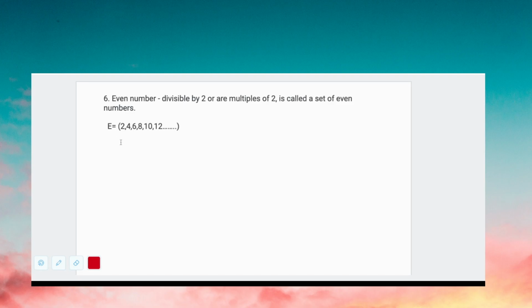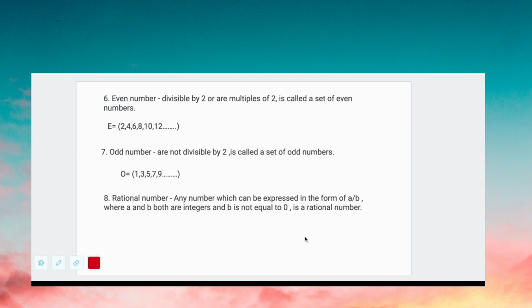And what is an odd number? The numbers that are not divisible by 2, or not multiples of 2, are called the set of odd numbers. It can be represented as O, because odd.